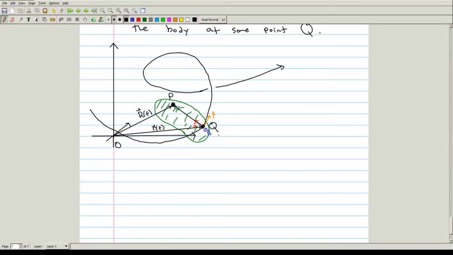And lastly, we'll call rho of t the distance between Q and P, the vector out to P. So one way of expressing capital R of t is that R of t is equal to the position of point Q plus rho of t.